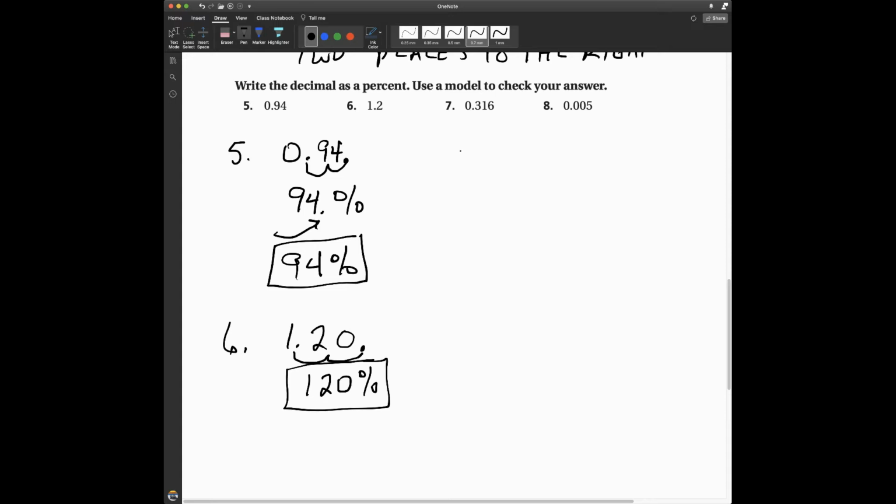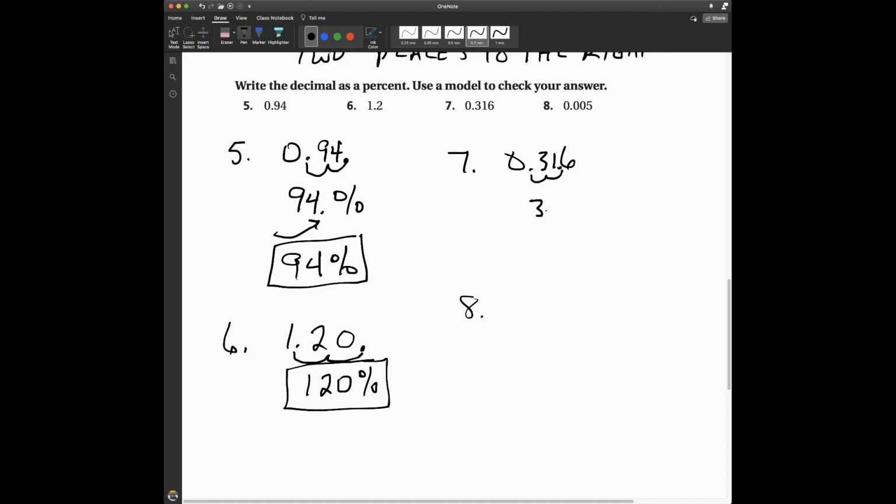For number 7 and number 8, I want you guys to work those out. If you're watching this on YouTube, pause the video, please, and work out those 2 problems. If you're watching this in Edpuzzle, the video is going to pause now. All right, so we're back, and let's see what we get for number 7. I move the decimal 2 places in the direction of where the percent sign is going to go.